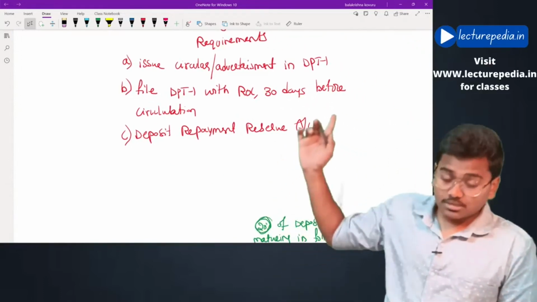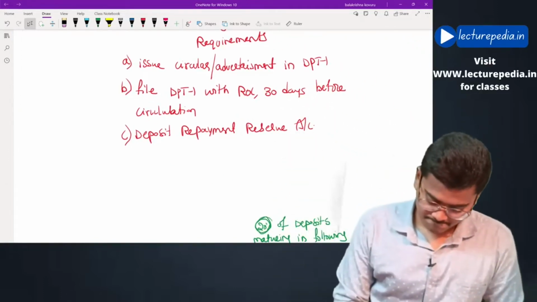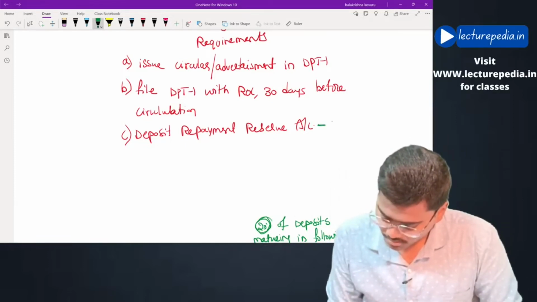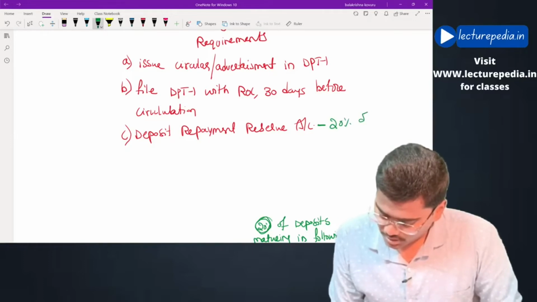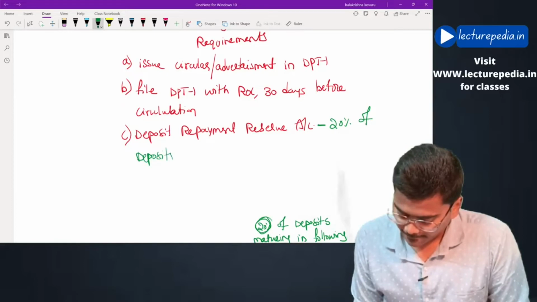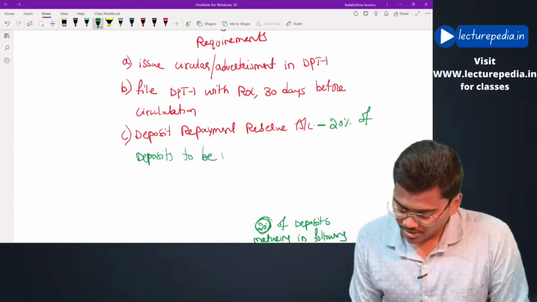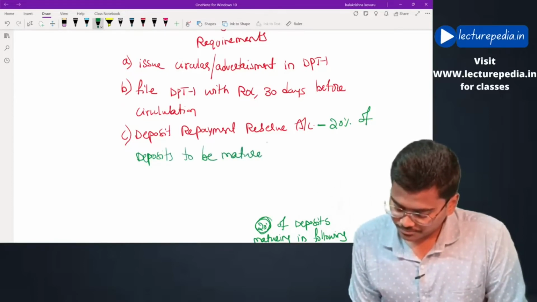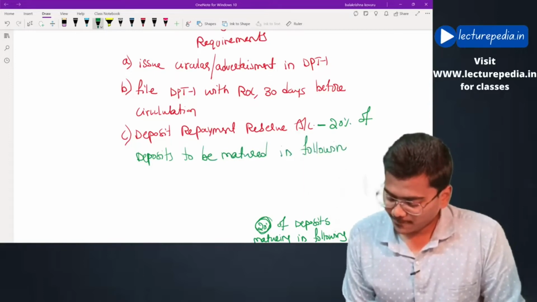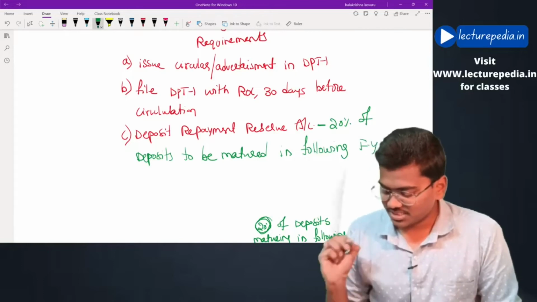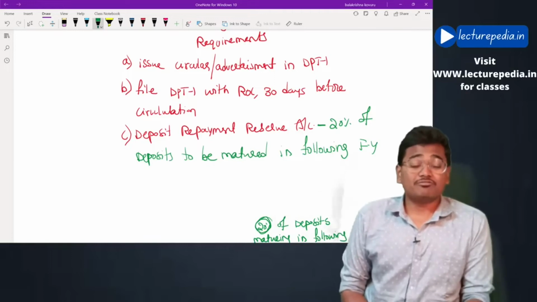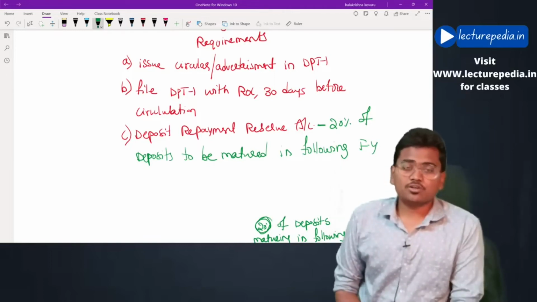In our example, in the financial year 22-23, 100 crores are going to be matured. Thereby, after the start of the financial year, within 30 days we are depositing 20% of this 100 crores in the deposit repayment reserve account. Like this the company has to maintain the deposit repayment reserve account. This is the third condition. Here you can write: 20% of deposits to be matured in the following financial year has to be credited to the DRR account within 30 days from the commencement of each financial year.